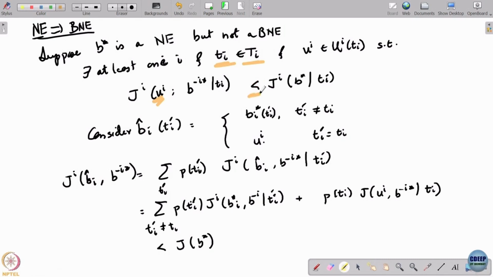So, the thing I am using again is, as I said, we avoid pathological cases. I get a strict inequality because all the probabilities are positive. If one of the probabilities becomes 0, a lot of pathologies emerge.